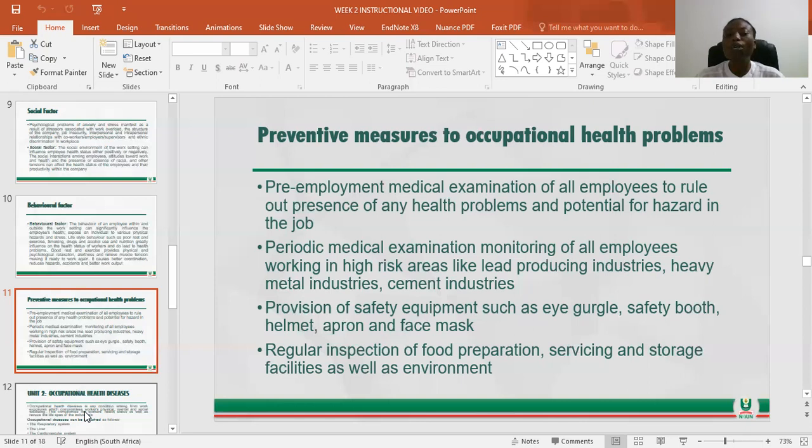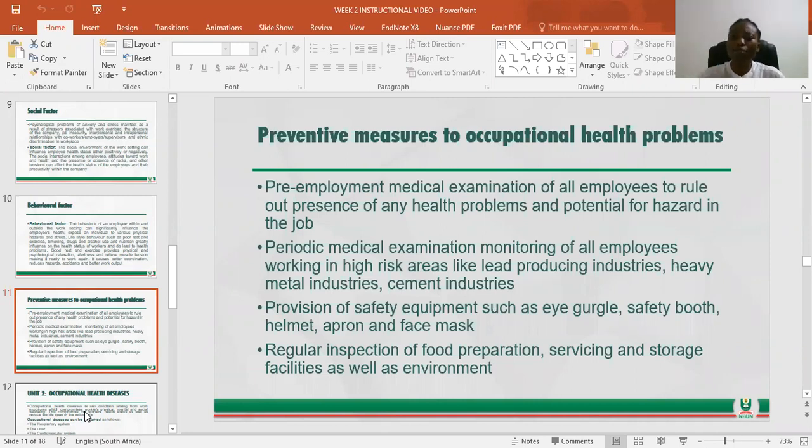Of course, you want to look at periodical medical examination. It depends on the job description of the person. Some can have it every 3 months, some every 6 months, some once in a year. And the reason for these measures is that you want to be sure that the job the person is doing is not predisposing him to any health hazard.